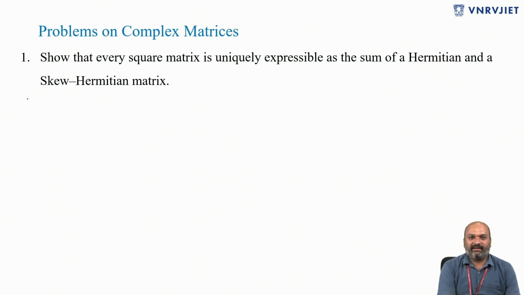To show that every square matrix is uniquely expressed as the sum of a Hermitian and a skew Hermitian matrix, first let capital A be a square matrix.